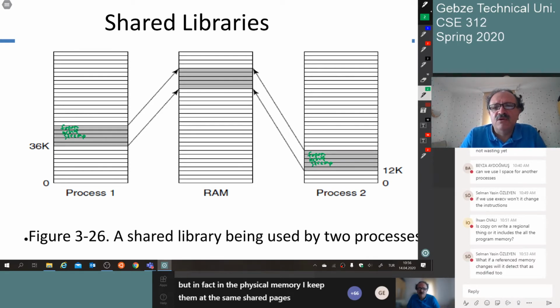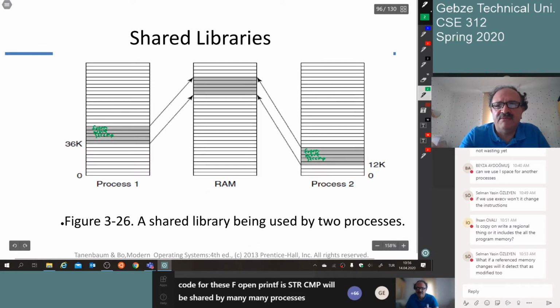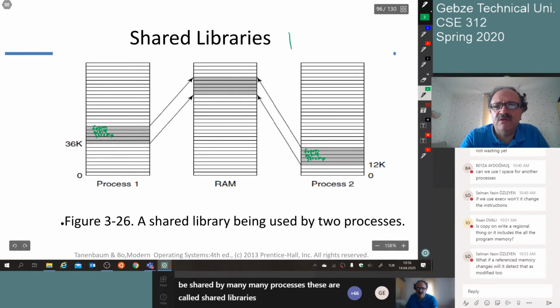So the code for fopen, printf, strcmp will be shared by many processes. These are called shared libraries, or in Windows we call them dynamically linked libraries.